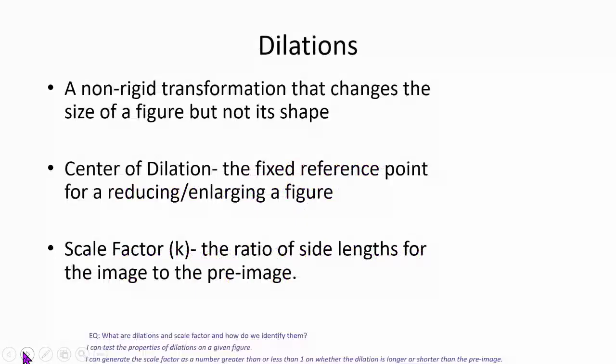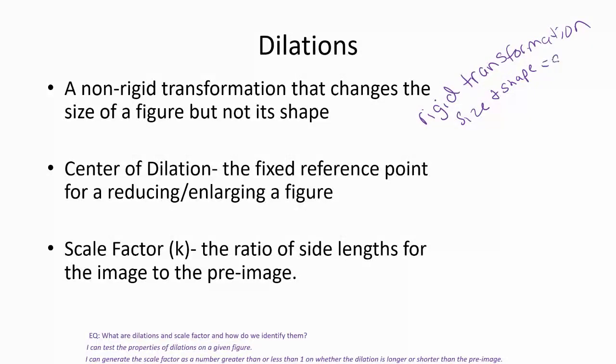A dilation is a non-rigid transformation that changes the size of a figure but not its shape. So we've talked a lot about rigid transformations, and rigid transformations are those that preserve the size and the shape.